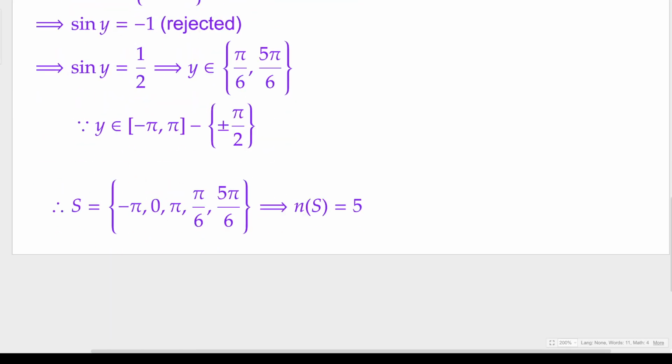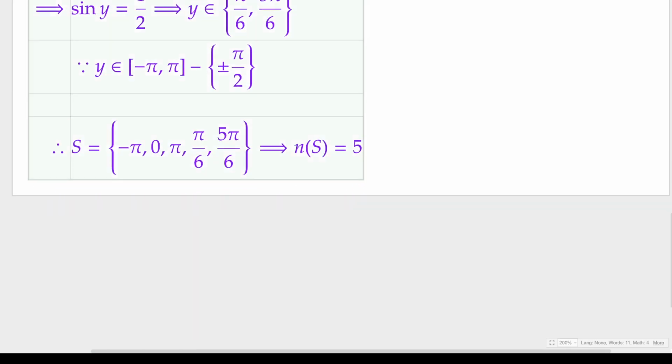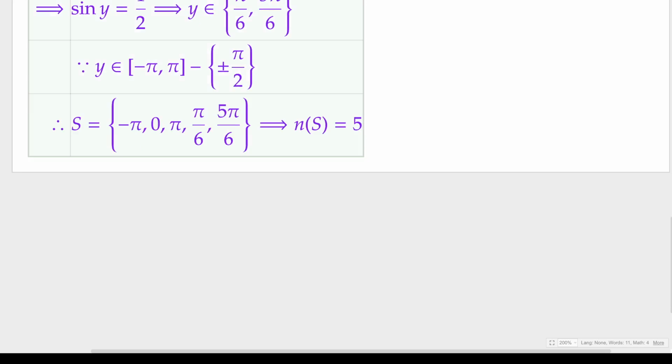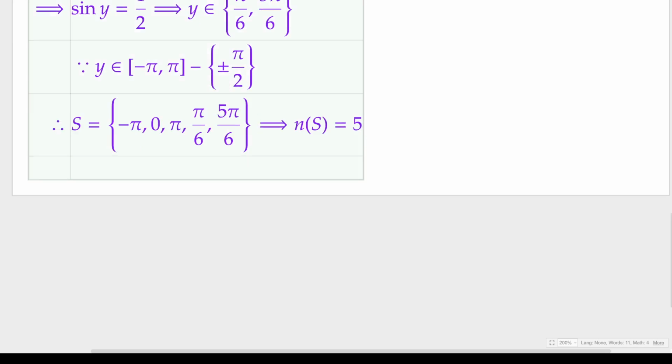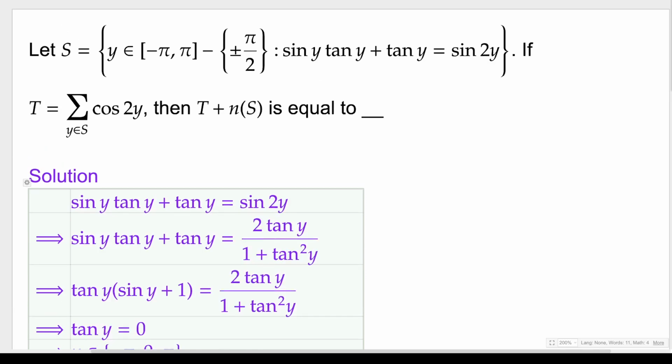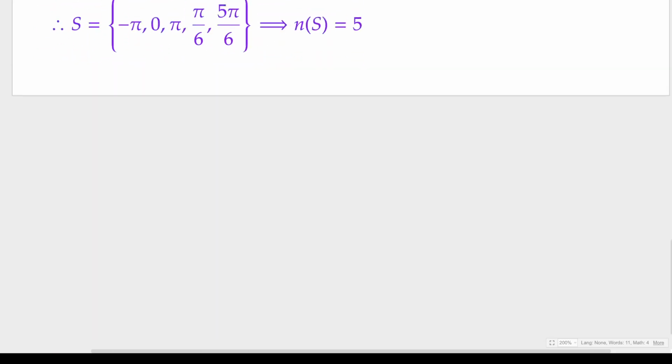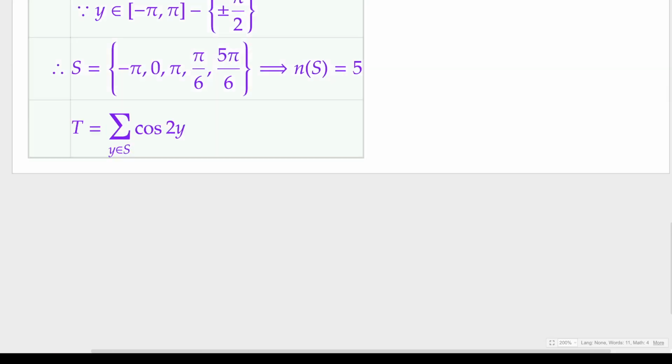Now we need to compute, so let me just remove this part. In the next part I need to compute this particular value, that is t. It's given t as this, so I'll compute this part now.